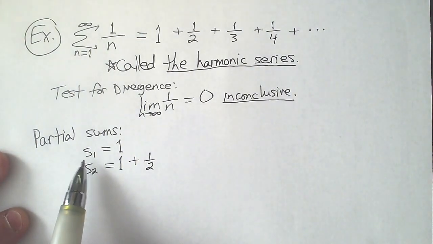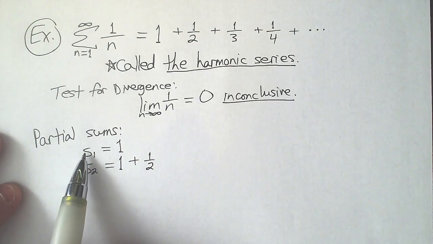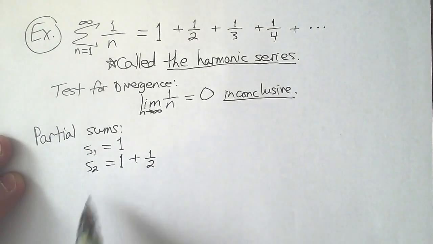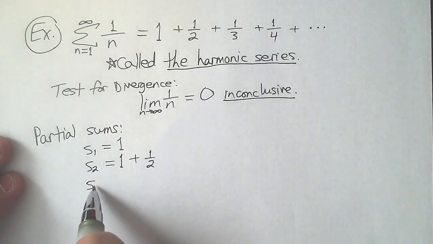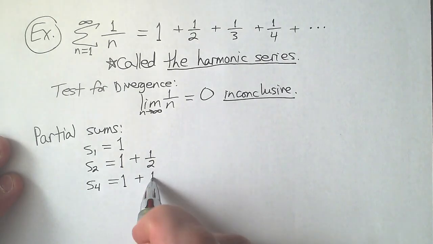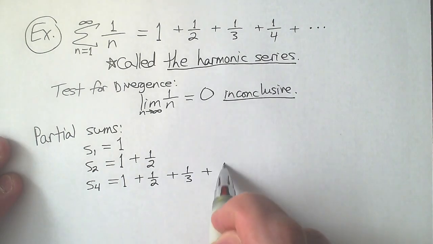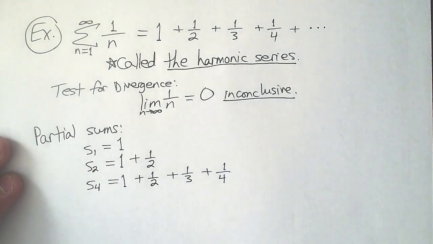Now, what I'm going to do is, I looked at S1, S2. I'm going to skip S3 and go straight to S4. There's something I want to show you here.